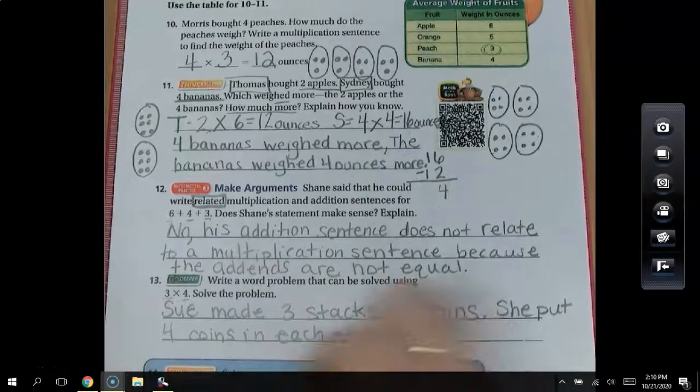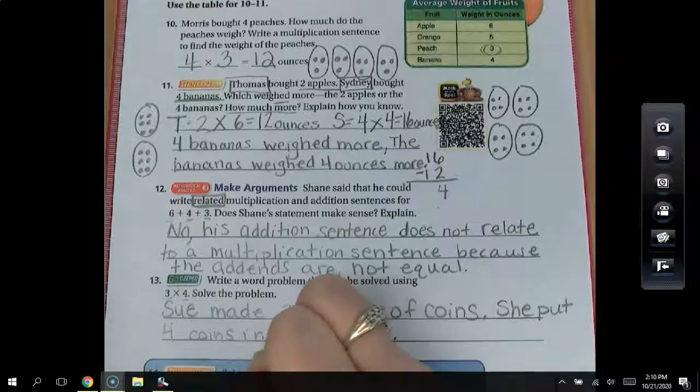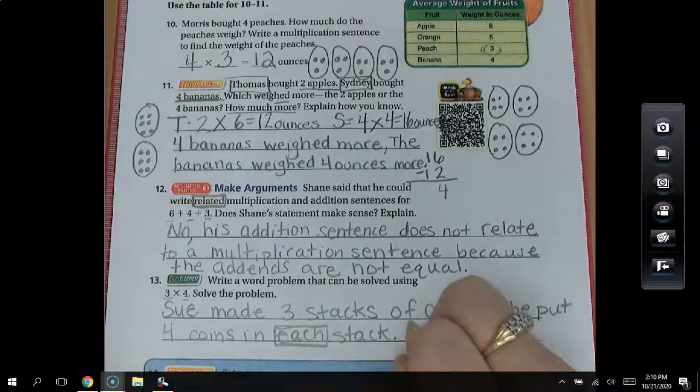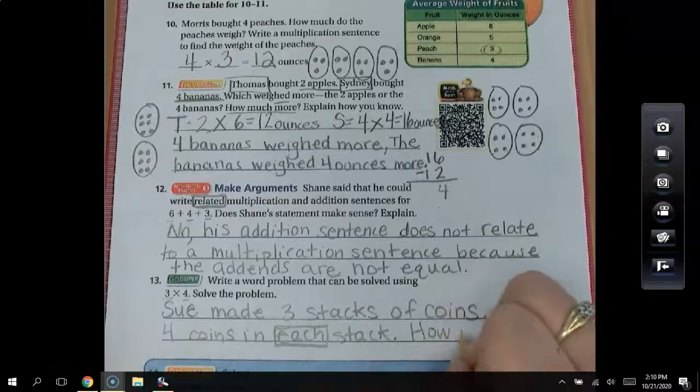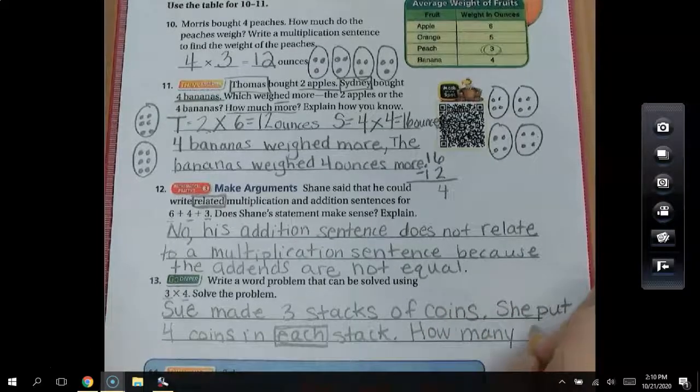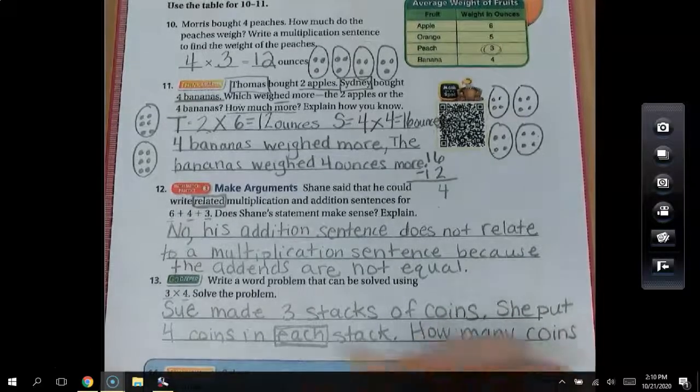Remember, the word each is a plural word for multiplication. What's my other clue word for multiplication? You guessed it. How many? How many coins does she have in all?